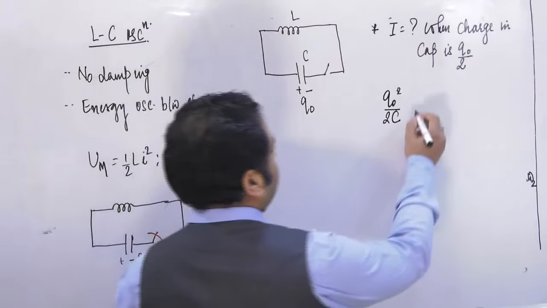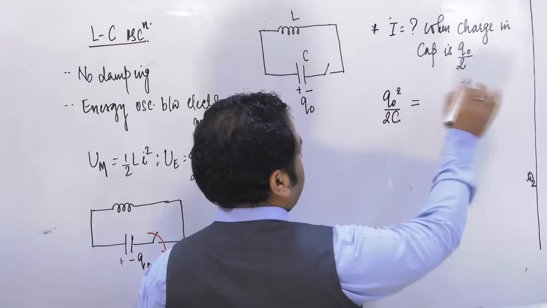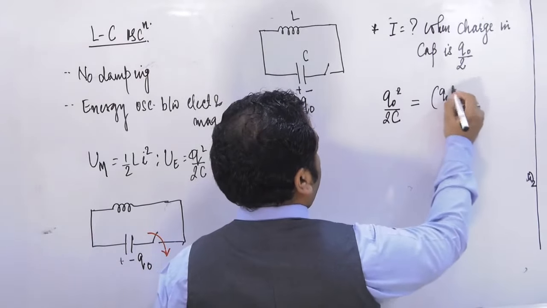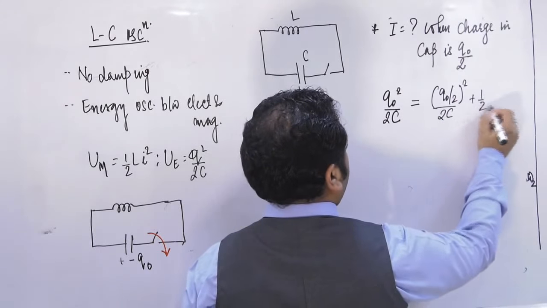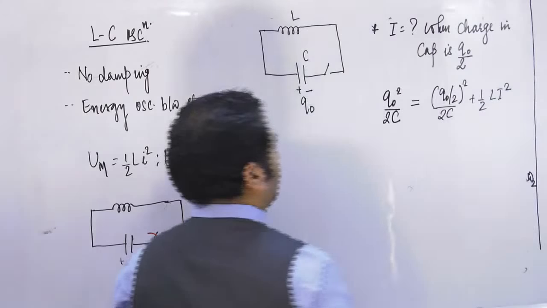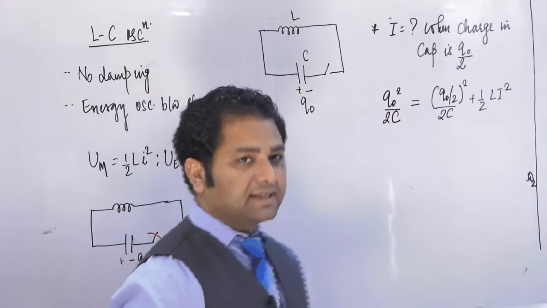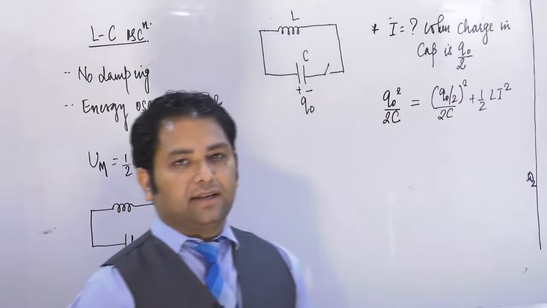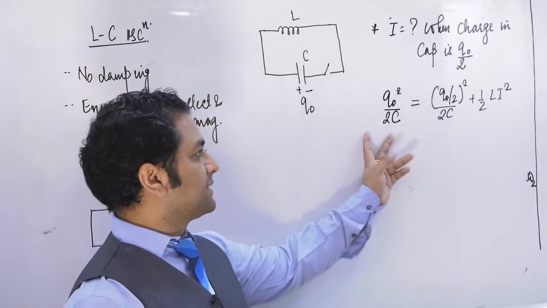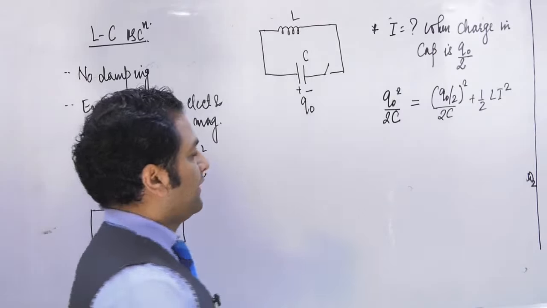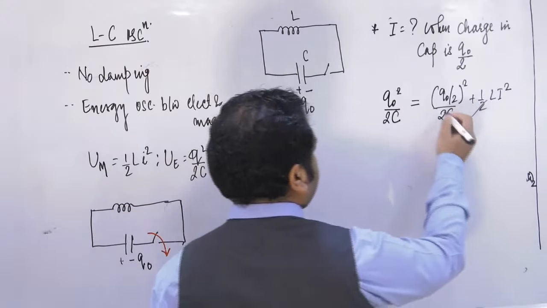Later, the energy will be (Q0 by 2) whole square by 2C plus 1/2 L i square. What did we do? We are basically equating the initial energy with the final energy. The initial energy is this much, so this will always remain, and this 2 gets cancelled here.